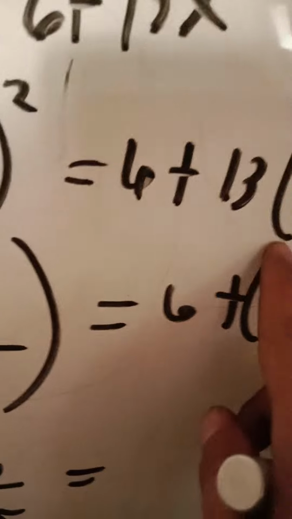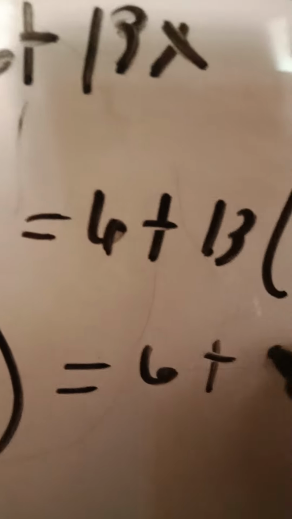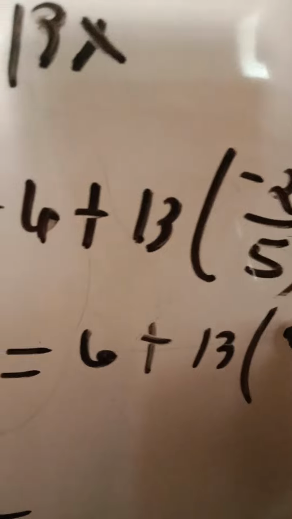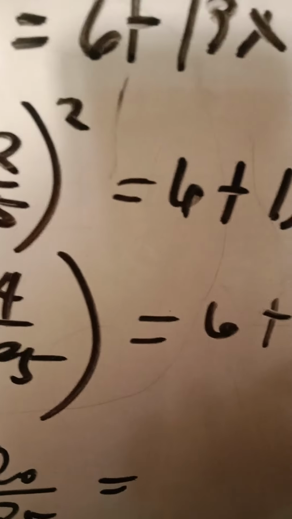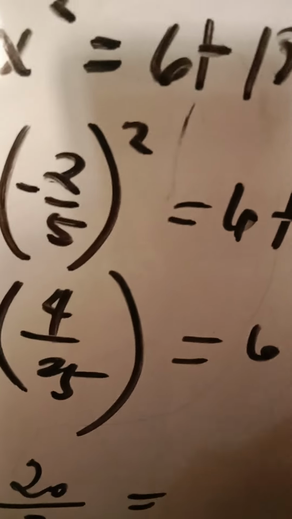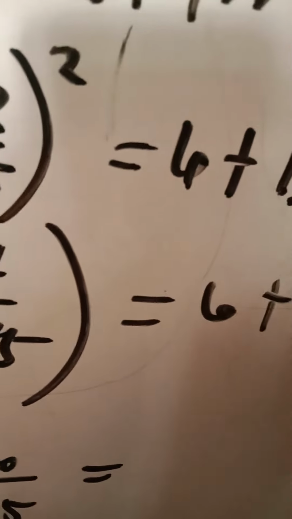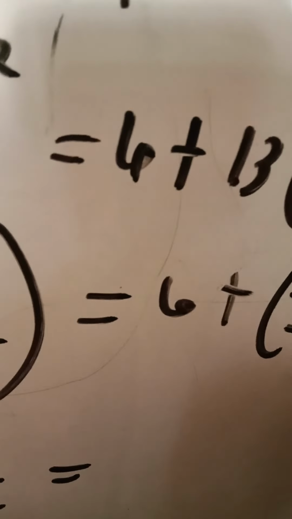We have 6 plus 13 times negative 2 fifths, which is negative 26 over 5.